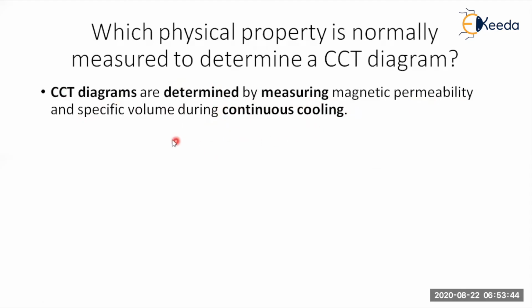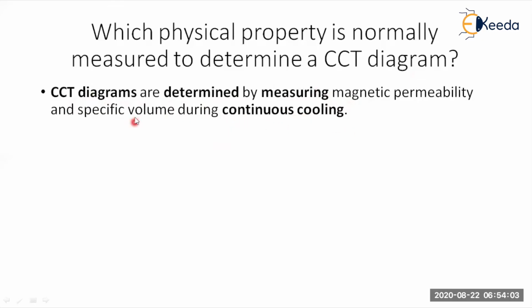We may have doubt about how it gives the various phases. It gives the phases by measuring the magnetic permeability of the material at that temperature and the specific volume of the material at that temperature during continuous cooling.